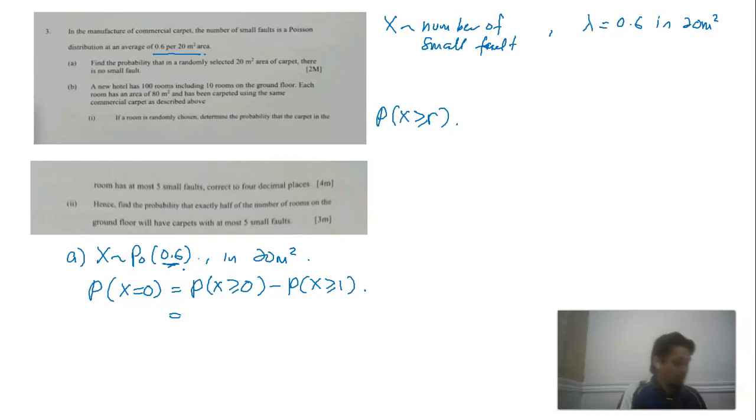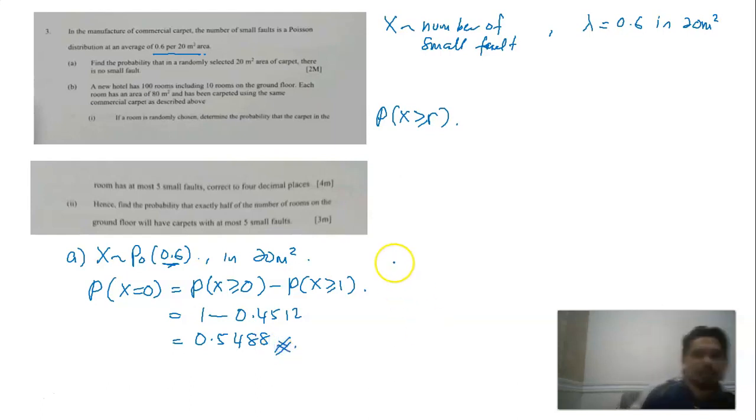For 0.6, X exactly 0 is equal to 1 minus the probability of X greater than or equal to 1, which is 0.4512. So it equals 0.5488.